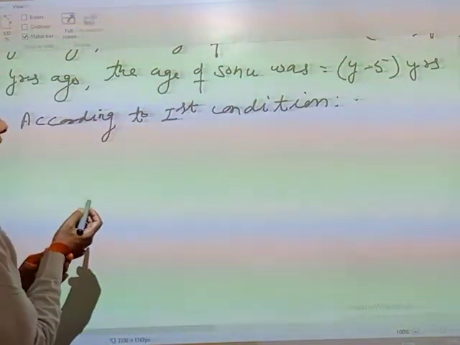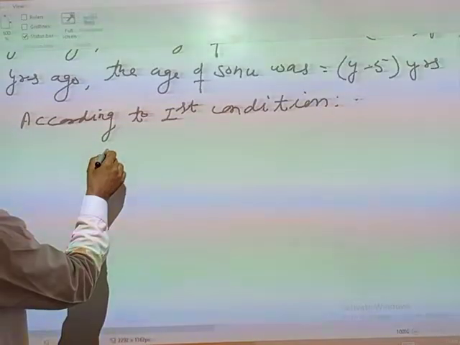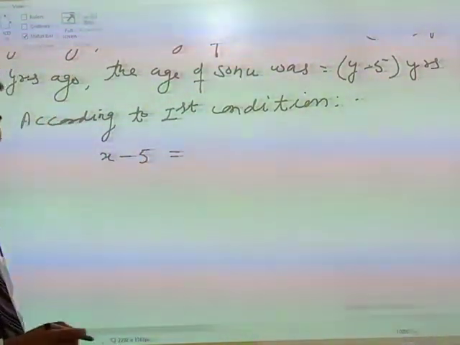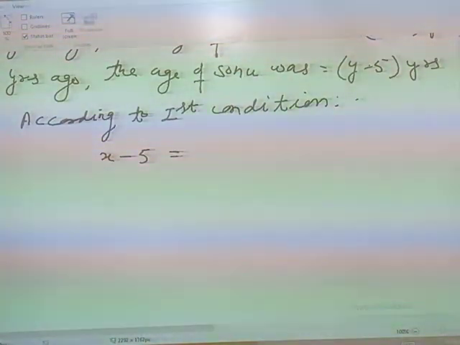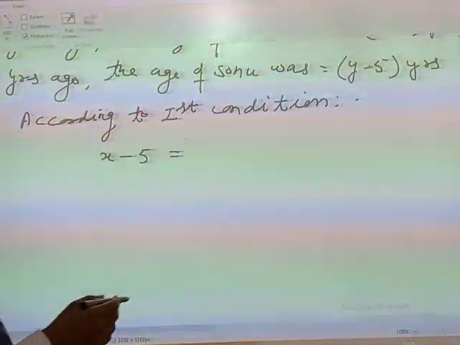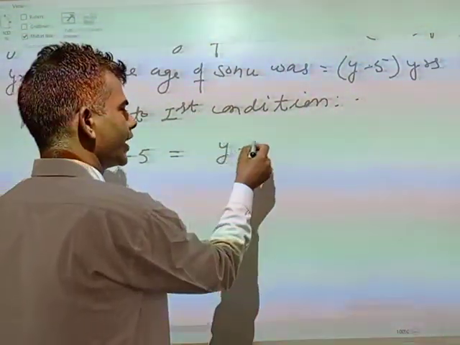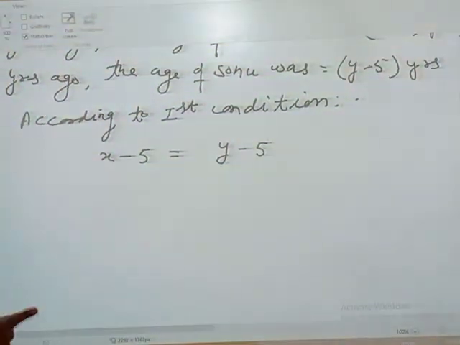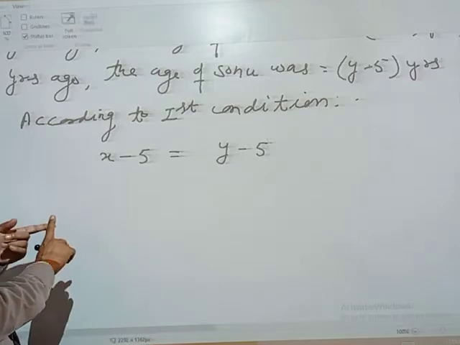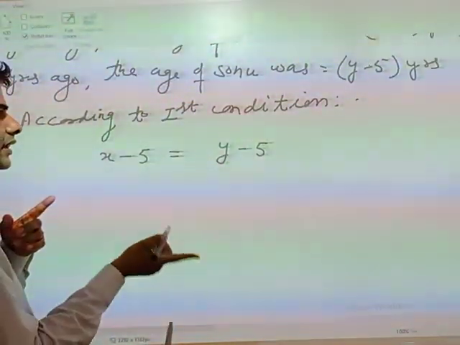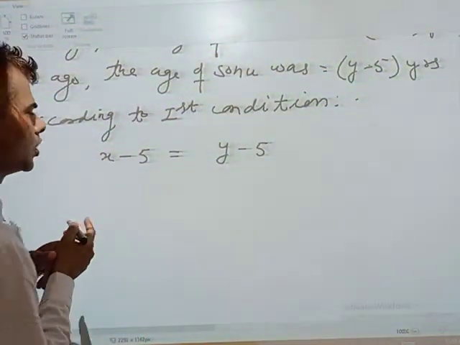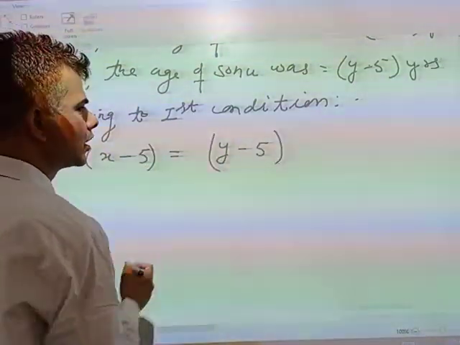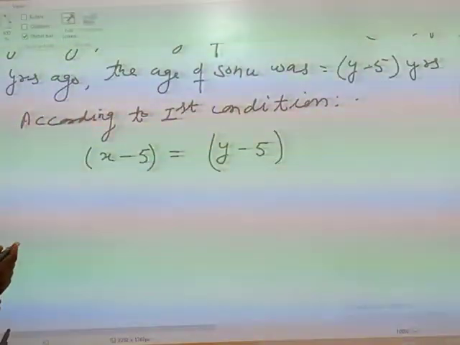Students, 5 years ago, the age of Noori was x minus 5 years, and 5 years ago, the age of Sonu was y minus 5 years. Students, 5 years ago, Noori was thrice the age of Sonu. To equalize it, we will multiply by which age?